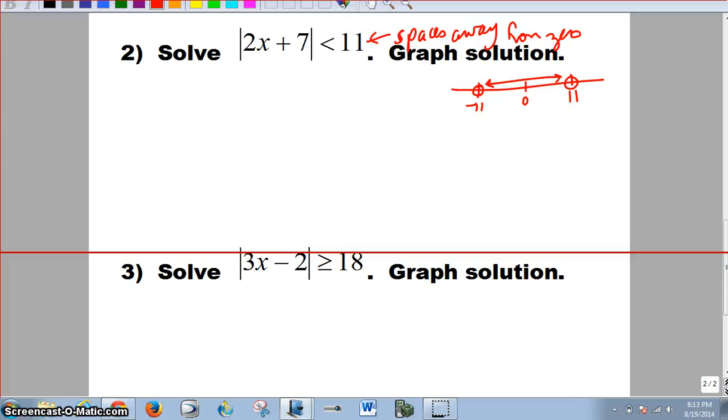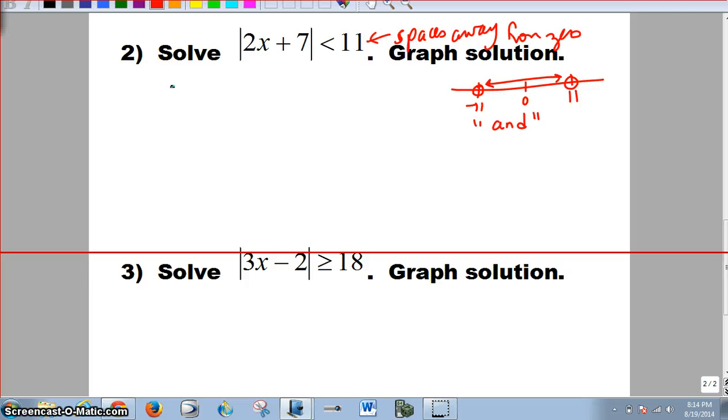So the only way that we can be less than 11 spaces away from 0 is to be in between 11 and negative 11. And what this makes me think is that we have an AND compound inequality, because AND is usually, most of the time, in between the two values.